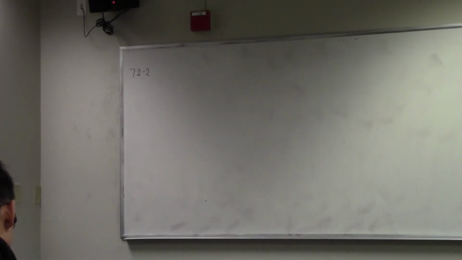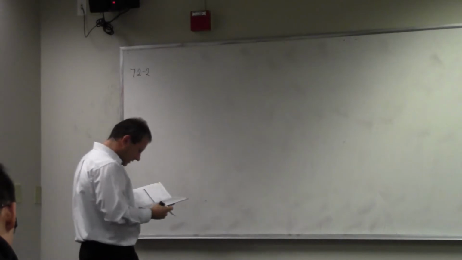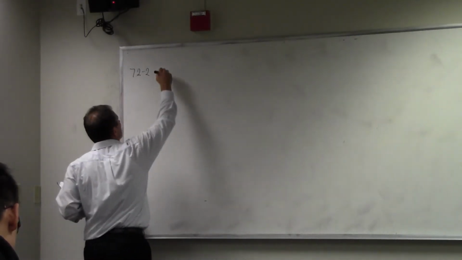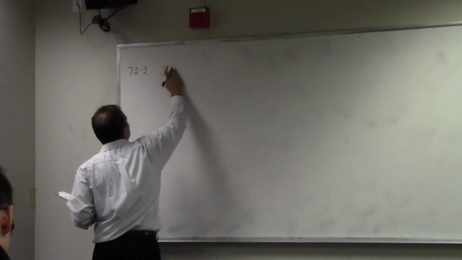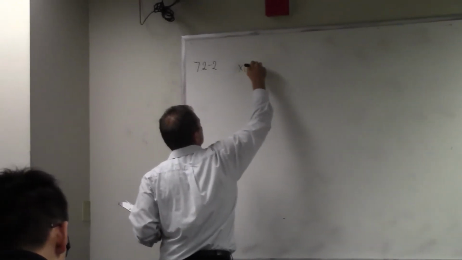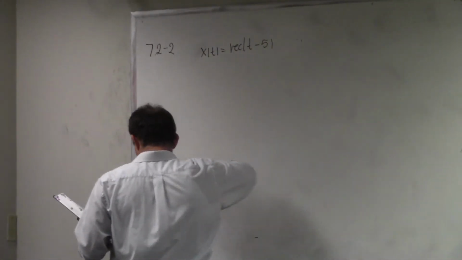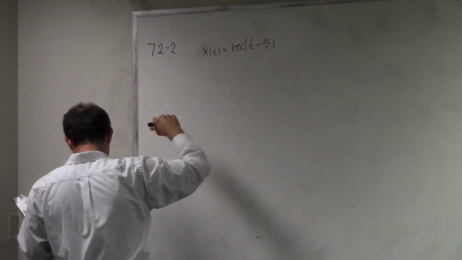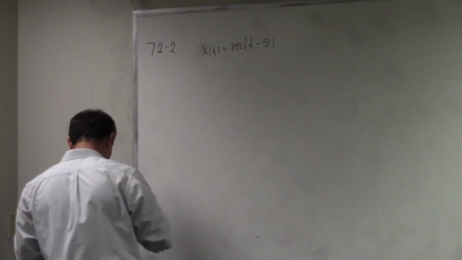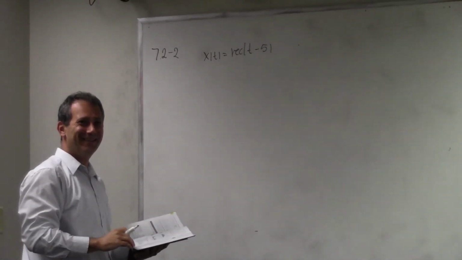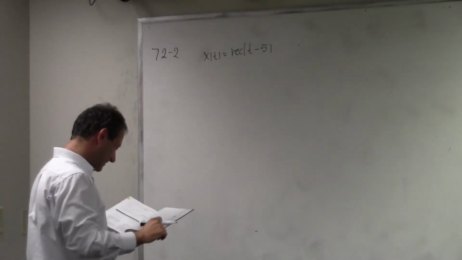Oh, it's one of those. From the definition 7.8a, show that the Fourier transform, so we have x of t given as a rectangular pulse in t minus 5. This one is really easy, right?